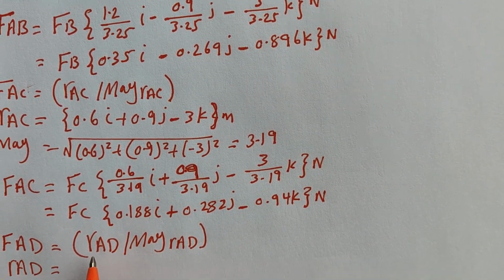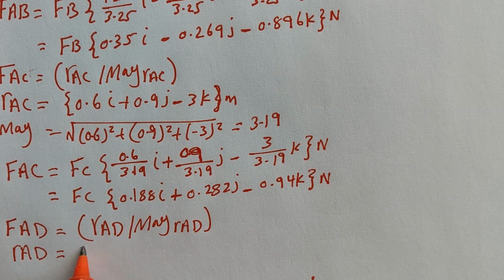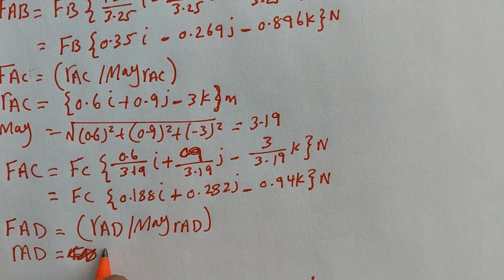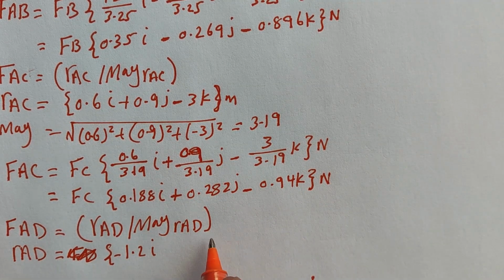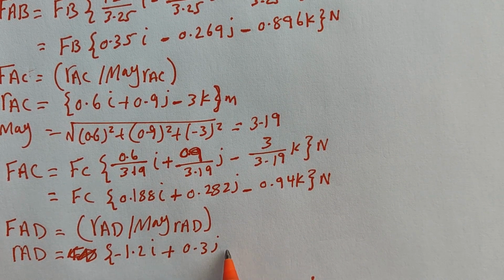So for RAD it's negative 1.2 i, because it's on the negative x-axis, plus 0.3 j and minus 3k.